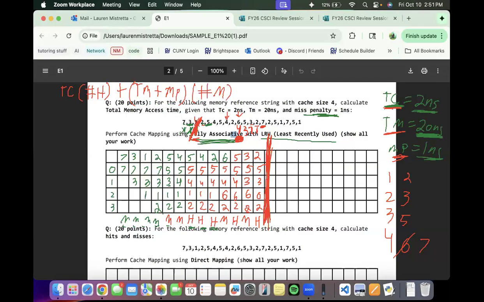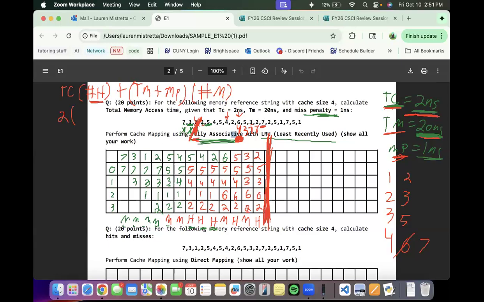So what this is referring to is I have my hits, which is the time that something is in the cache. And notice the time of a cache is much less than the time of a miss because you don't have to go into main memory. That's the main perk. So the time of my cache, which is 2 nanoseconds, is multiplied by the number of hits.